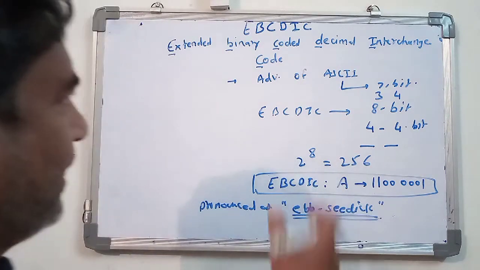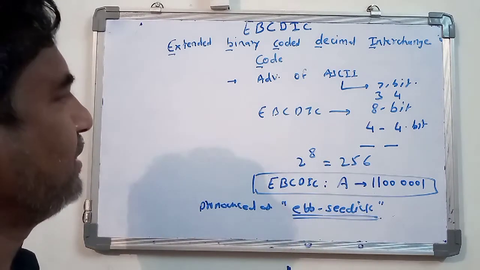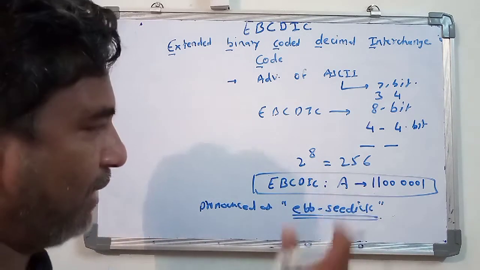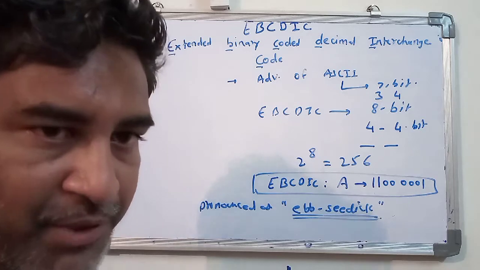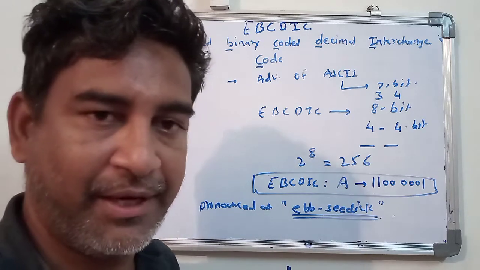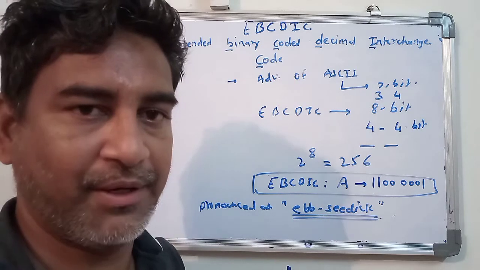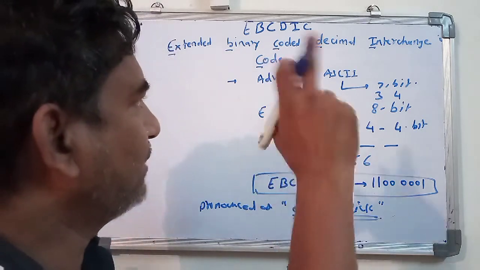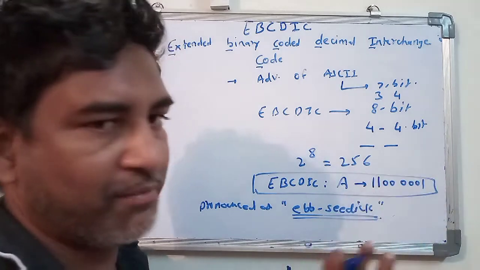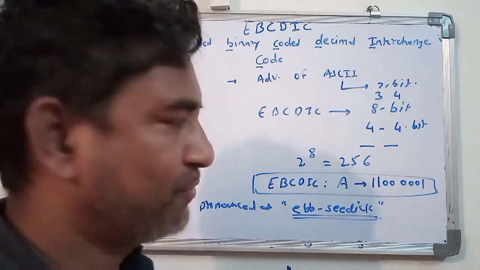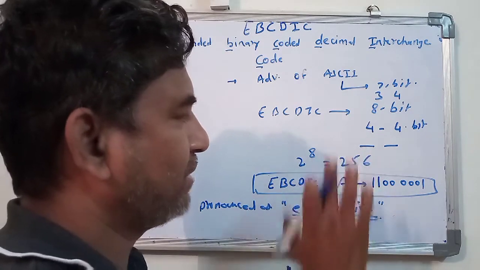256 characters are assumed in this EBCDIC. The number is written like this, and the table drawn previously for ASCII is the same table but of a 4-bit and 4-bit. ASCII consists of a 3-bit and 4-bit, but here you have to consider a 4-bit and a 4-bit, so you get 256 numbers.